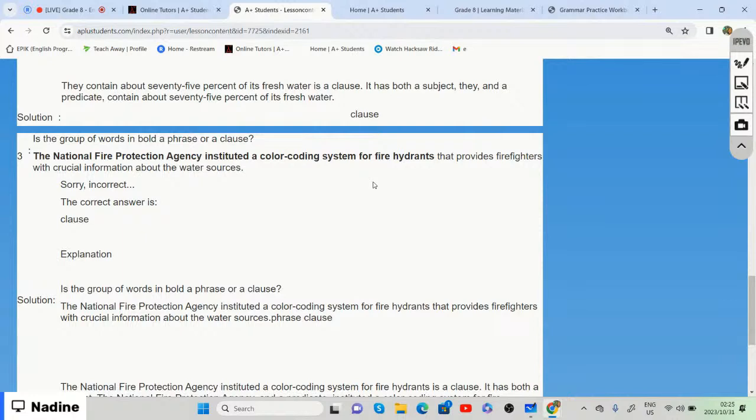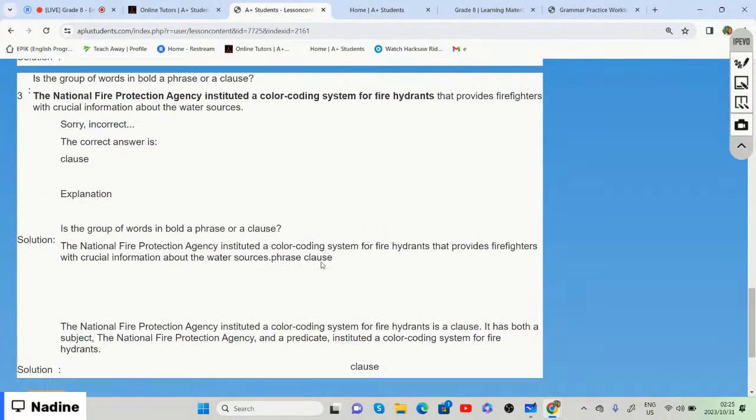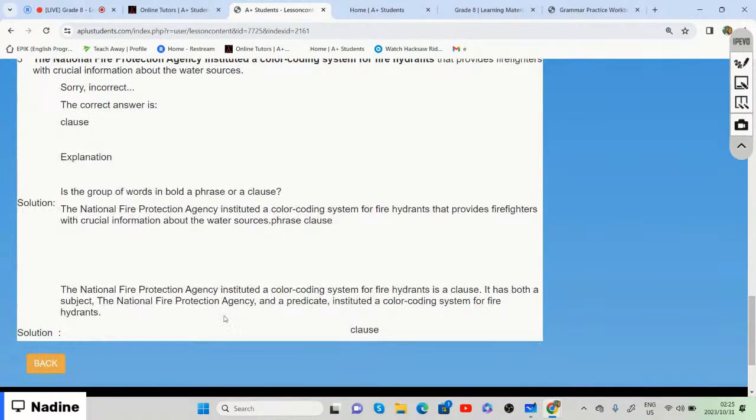I think we can actually stop just there and put a full stop. Which means that this is a clause.